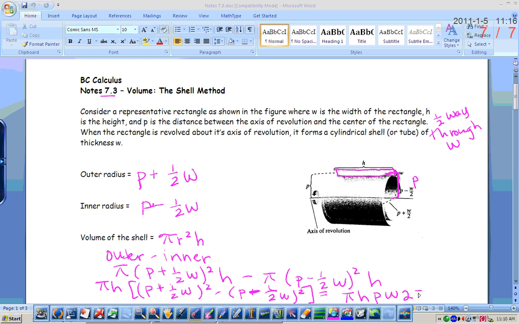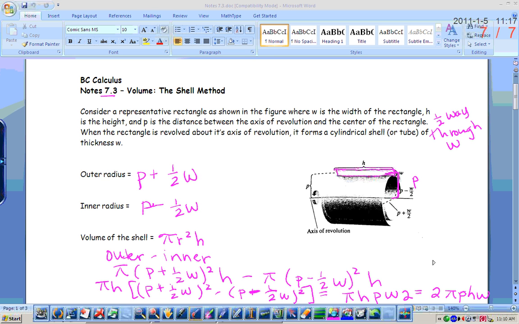So I am going to rewrite this as 2 pi P, H, and W. The reason I'm going to rewrite it like that is because W is the thickness, so W turns into your variable of integration.